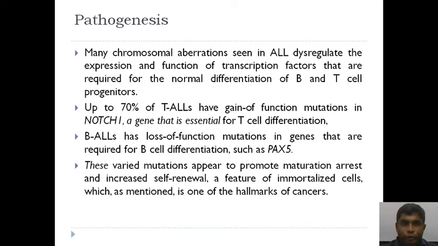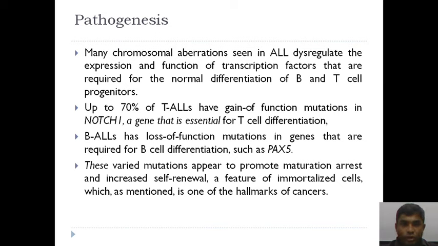So coming to the general pathogenesis, or the overall pathogenesis, of acute leukemias. Most of these acute leukemias have in common abnormalities in the chromosomes or genes. And what are the normal functions of these chromosomes or genes? They usually regulate the expression and function of transcription factors and are involved in the differentiation of normal T, B and myeloid cells.